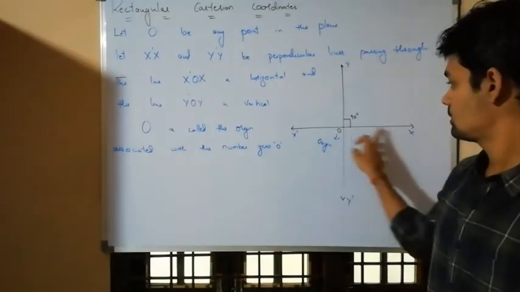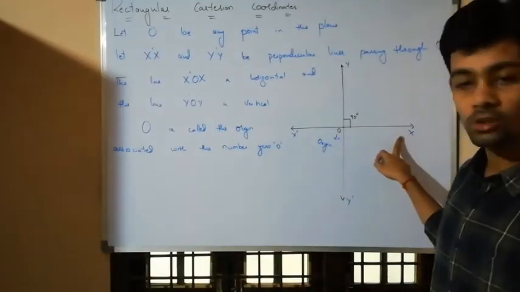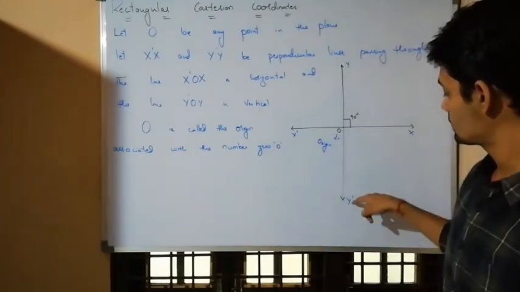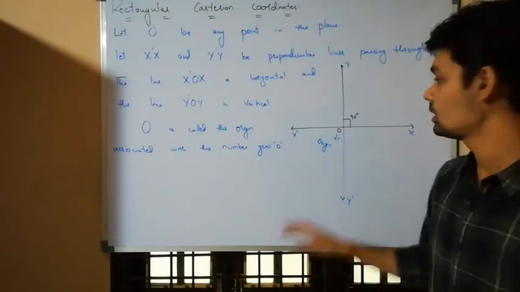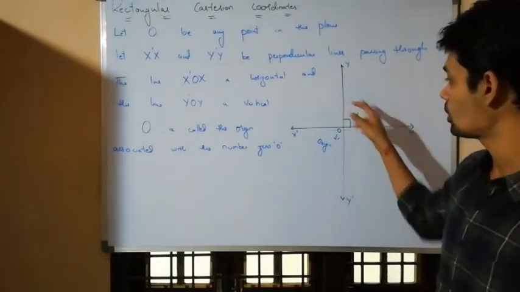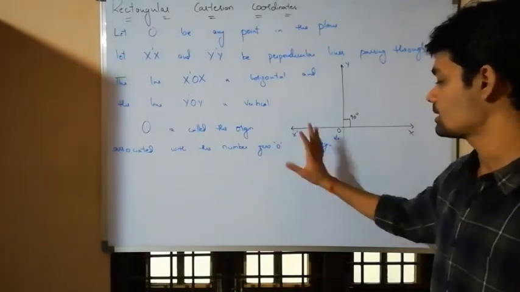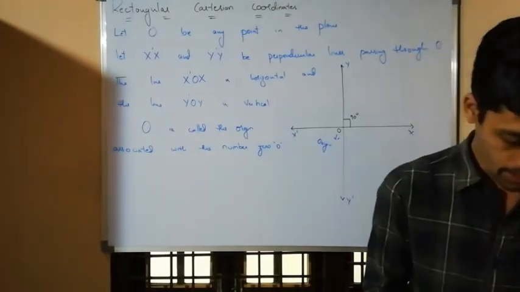This horizontal line x dash O x is called the x-axis, and this y dash O y is called the y-axis, and both are called the coordinate axes, and this entire plane is called the coordinate plane.